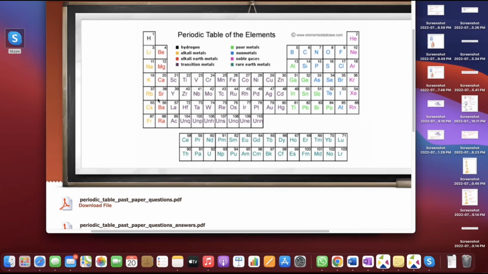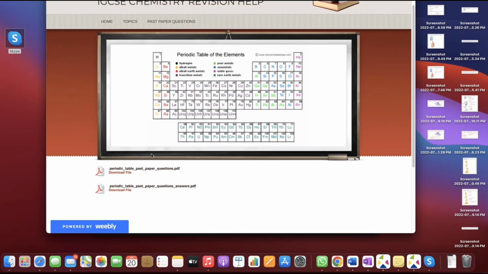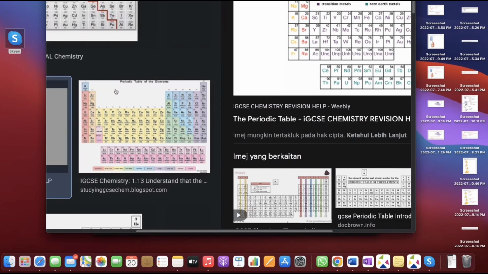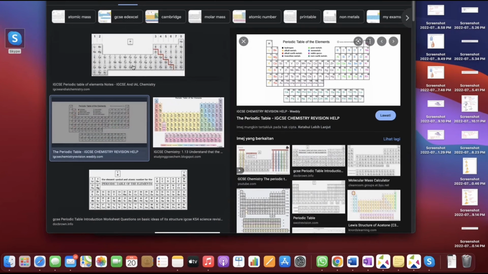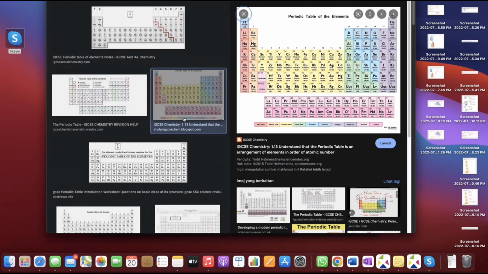Oh, this one gives proton number only. Okay, let me find another one. This should not be, because this is too many decimals. Okay, let's see this.